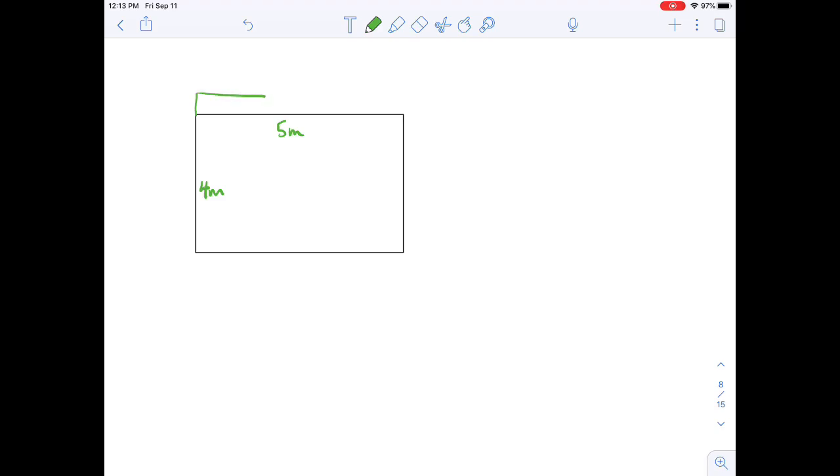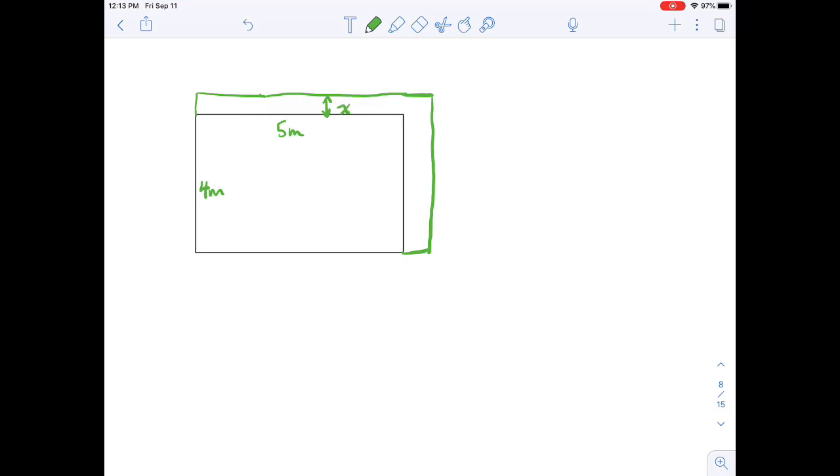So that could be something like this. And so those 2 adjacent sides, in my diagram, are the top side and the side to the far right. And I've added a strip that has a certain width to it.